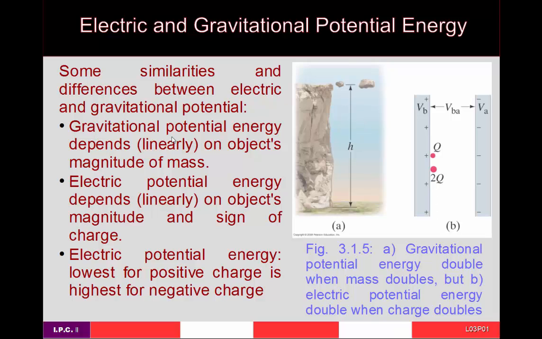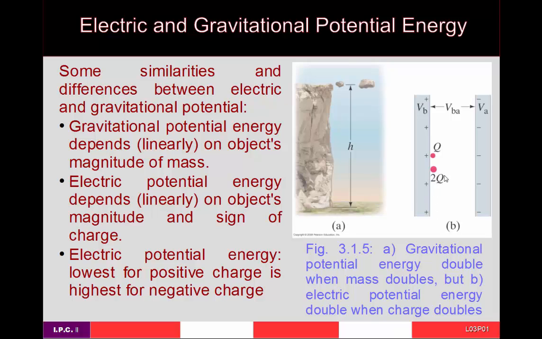The gravitational potential energy depends linearly on an object's magnitude of mass. So this small rock has a smaller potential energy than this large rock does. Similarly, the electric potential energy depends linearly on the object's magnitude and sign of charge.